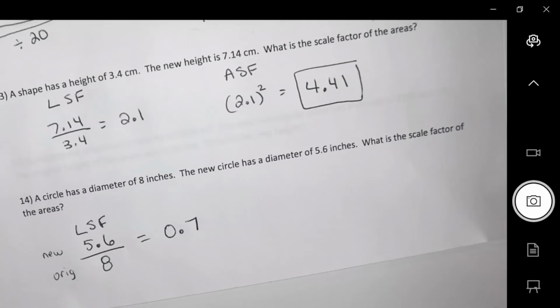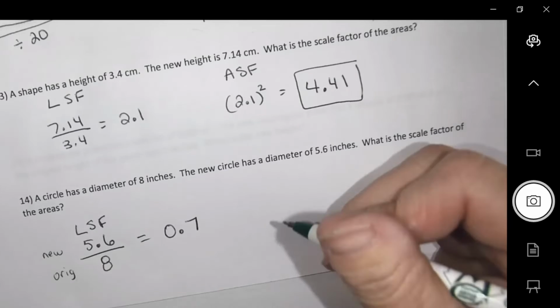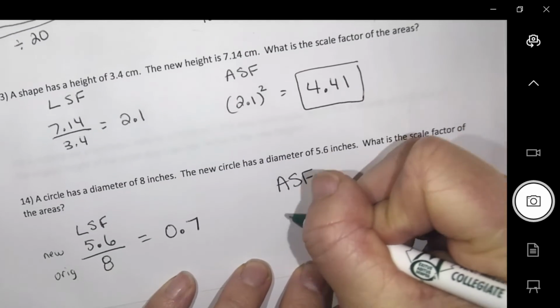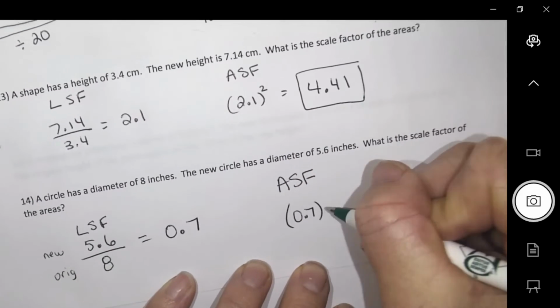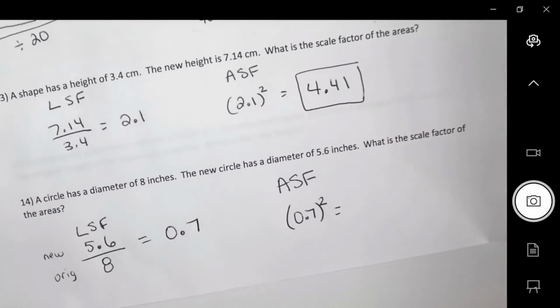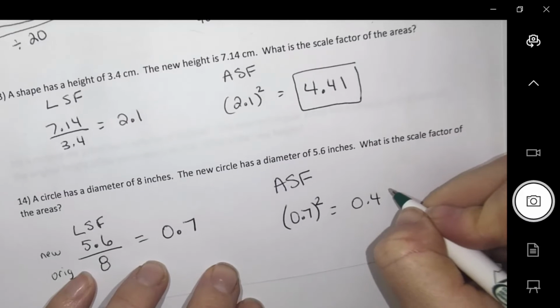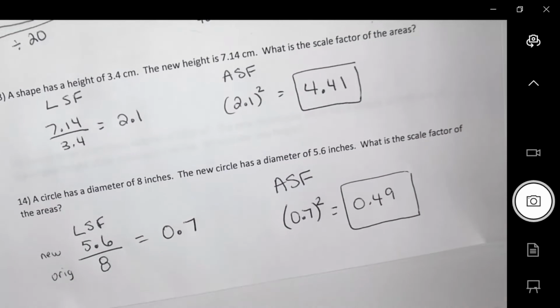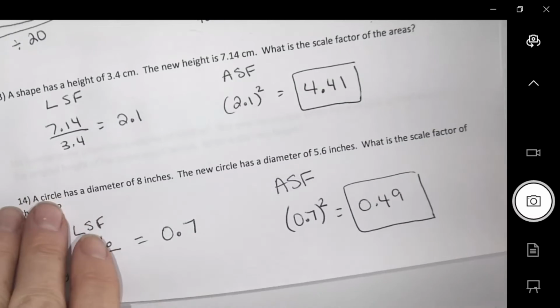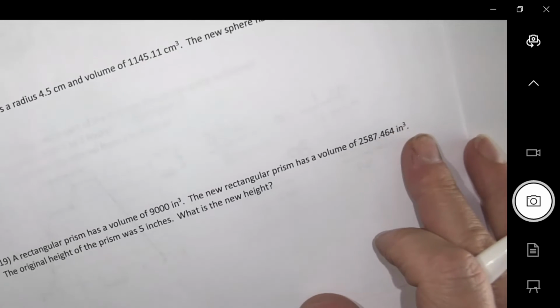My object is reduced in size. So for the area scale factor, we take how much the sides are changing, but we're going to square it. So the area is going to be 0.49 times. It's going to be reduced.